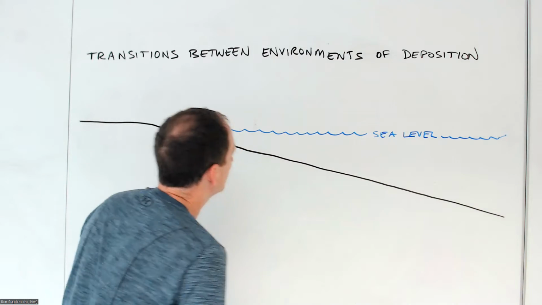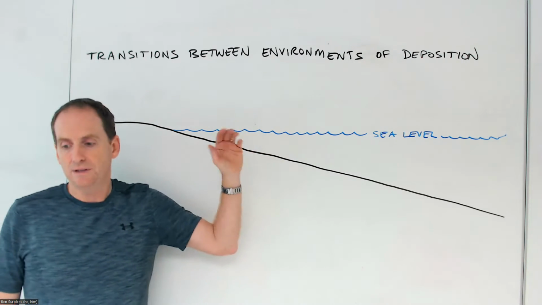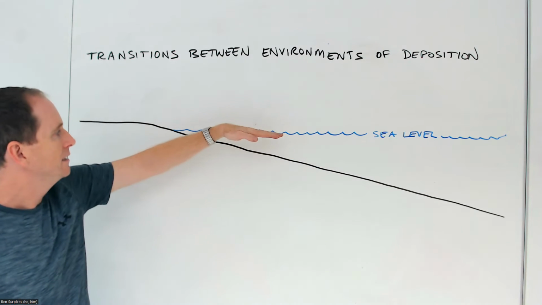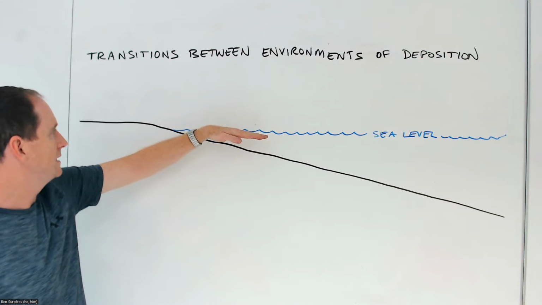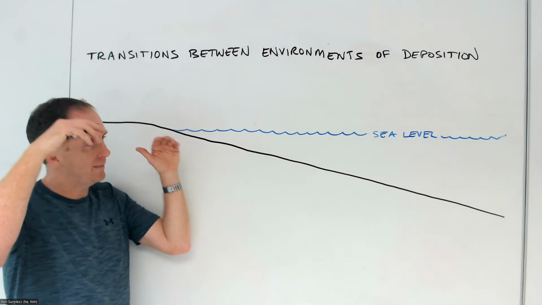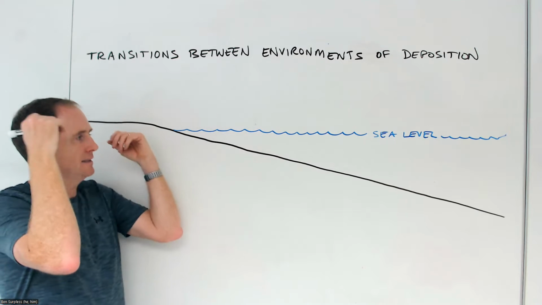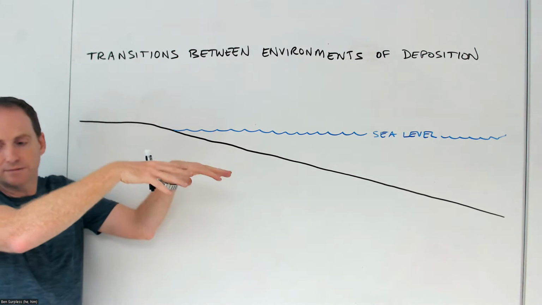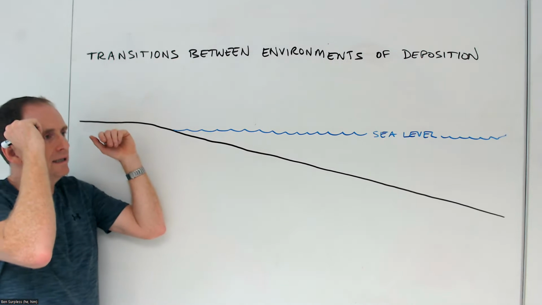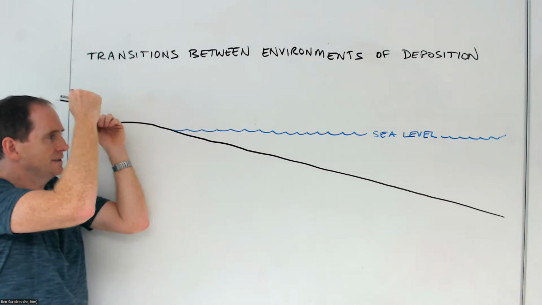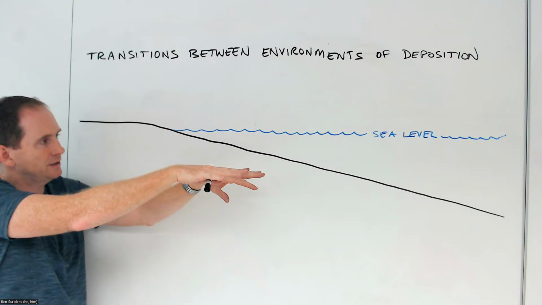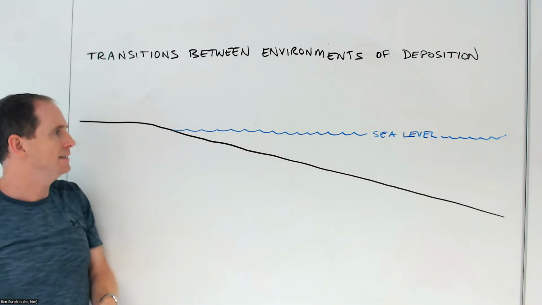And what you want to think about when you have sea level sitting at a relatively constant elevation over time, if you're thinking about a marine environment like this, is that there will be material, detrital material, and dissolved material, and clasts of all sorts of rock types that are coming down into the ocean system, let's say, in this case.